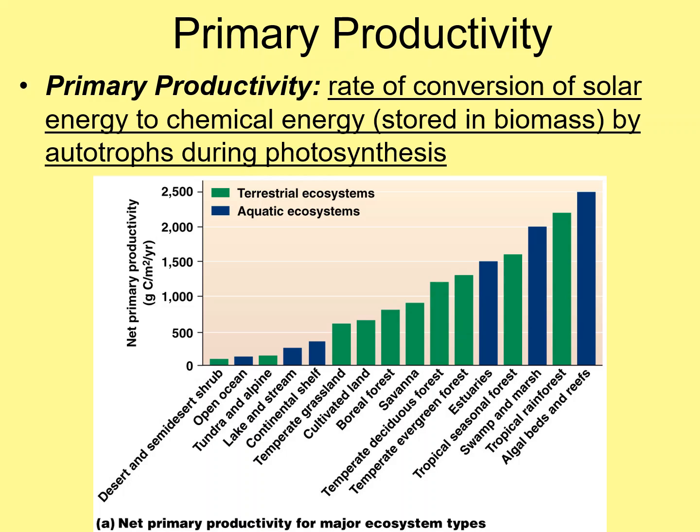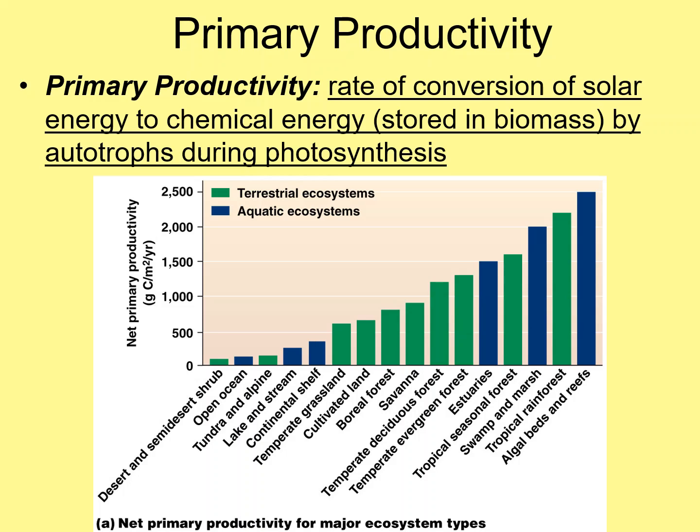An area where there's maybe a good amount of nutrients available for those organisms, algal beds and reefs, pretty high in the primary productivity zone. Tropical rainforest, also extremely high in primary productivity. That makes sense. Swamp and marsh, also quite high in primary productivity. We're going to revisit that here in a minute.